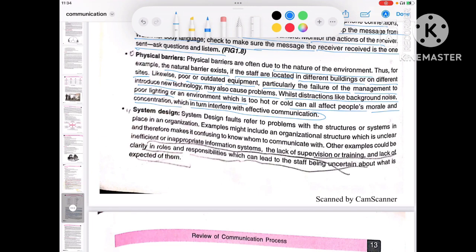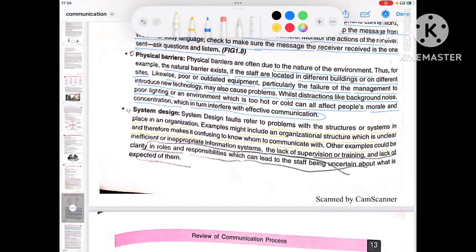Next is system design. System design faults refer to problems with the structures and systems placed in an organization. For example, this might include an unclear organizational structure, which makes it confusing to know whom to communicate with.